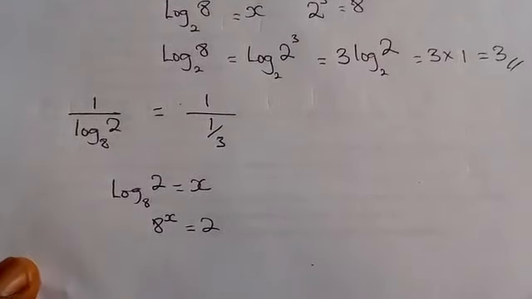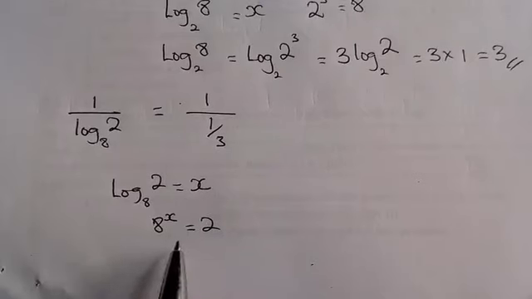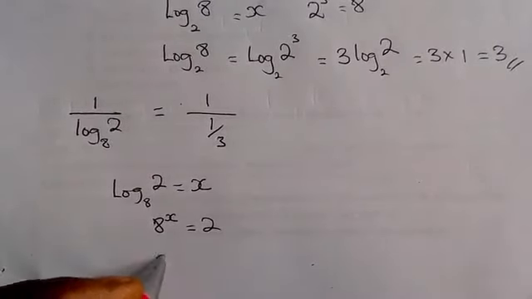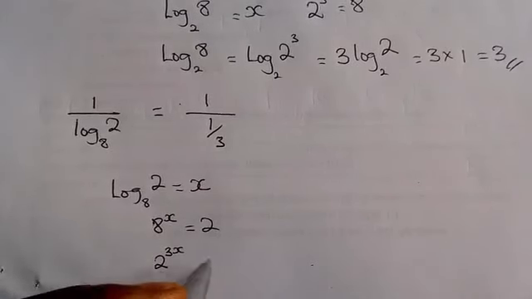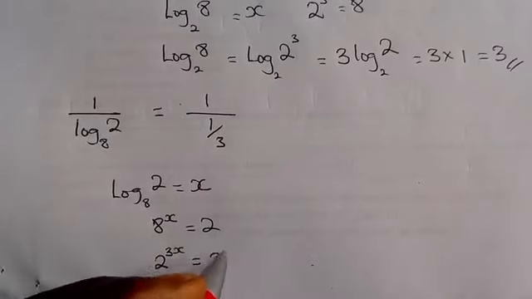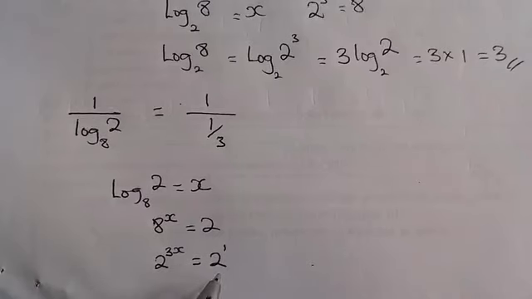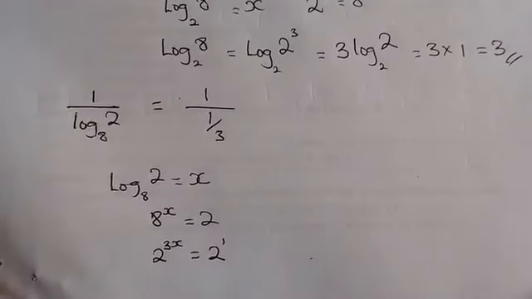From this now, we need to express this in the same base so that we can equate their powers. 8 raised to power x is the same thing as 2 raised to the power of 3x. And this is equal to 2 here raised to the power of 1. Right? Now that their bases are the same, we can equate their powers.